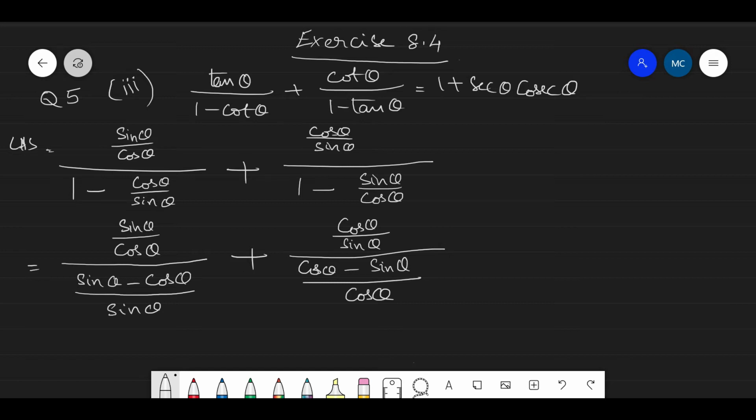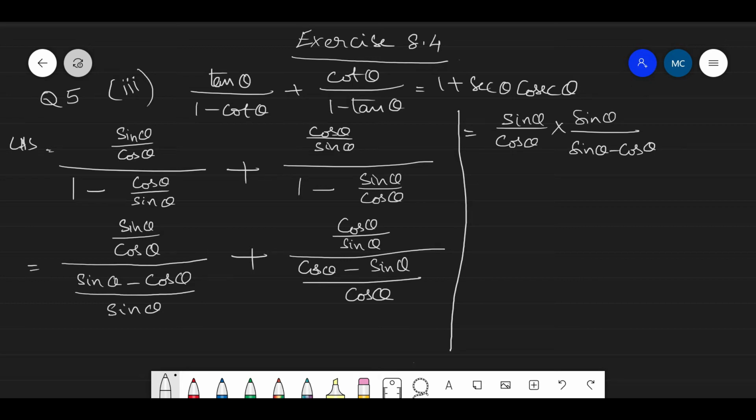So the next step will be, this is equal to sin theta by cos theta into sin theta by sin theta minus cos theta. Here when you are dividing one fraction with another fraction, the second fraction will become reciprocal and product. So sin theta by cos theta is there in numerator, and the denominator is sin theta minus cos theta by sin theta.